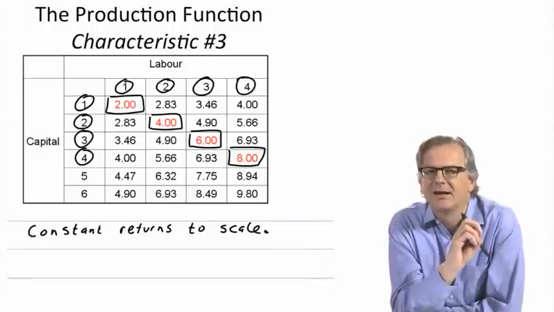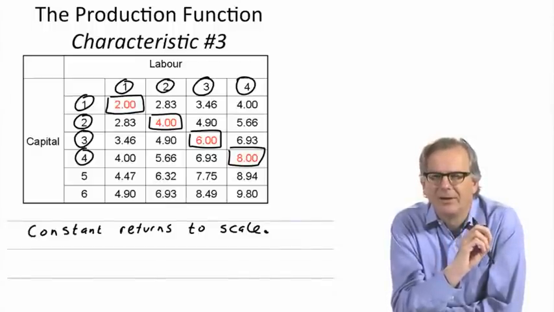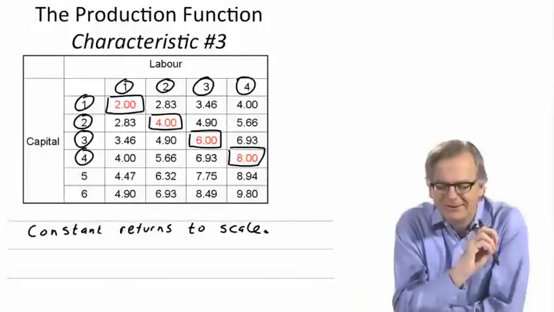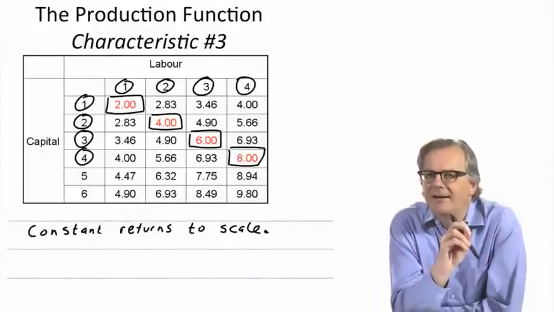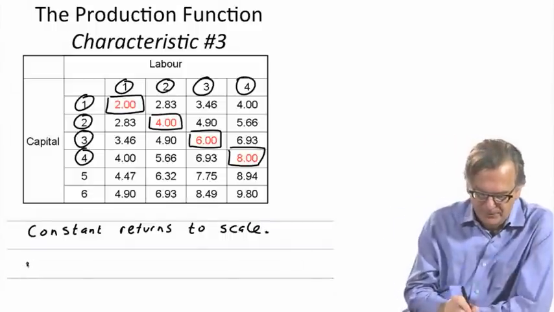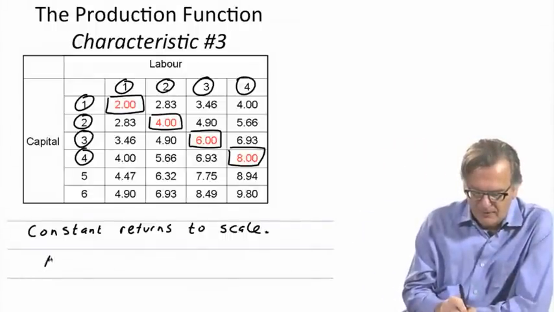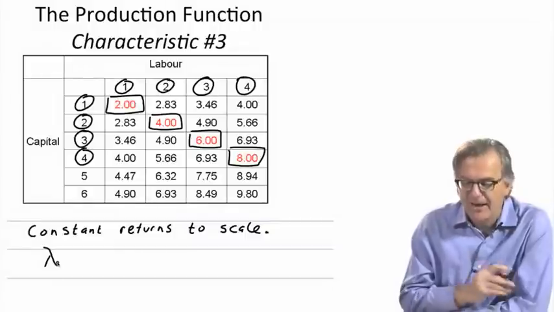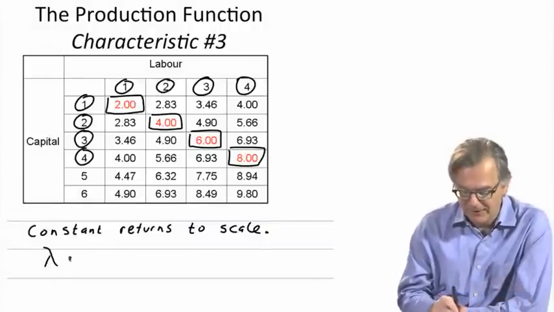If we scale up the amount of labour and capital by the same factor, you're going to get exactly the same scaling up of production. Now, we often use the Greek letter lambda to represent that factor.